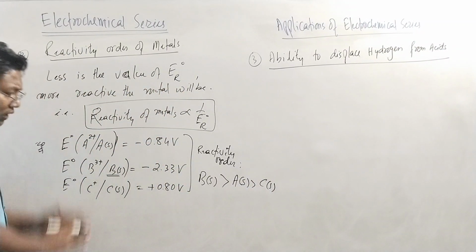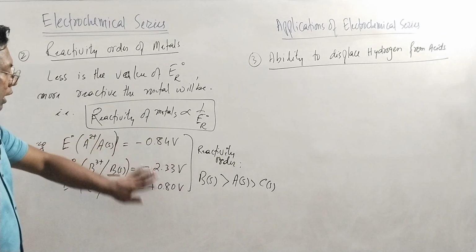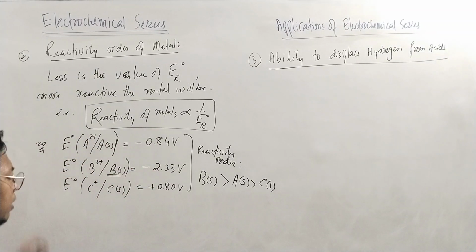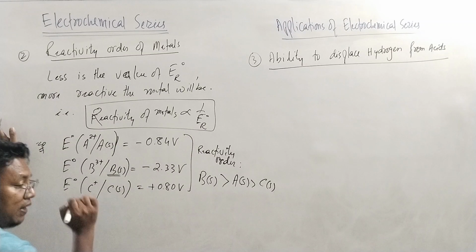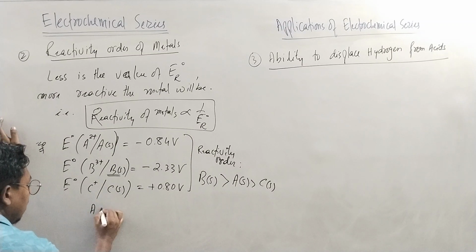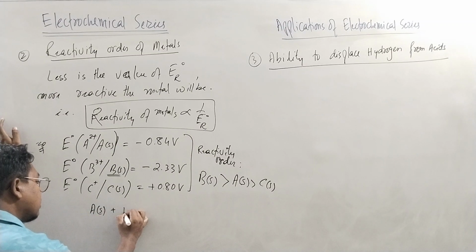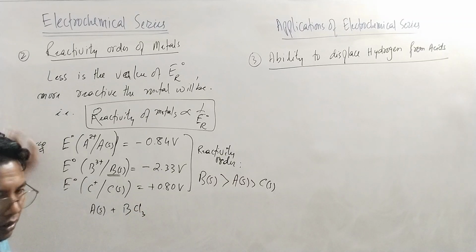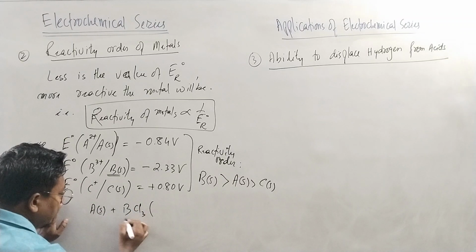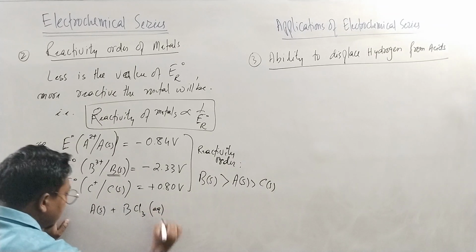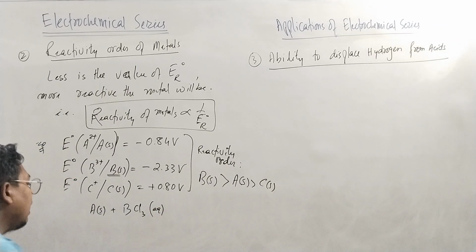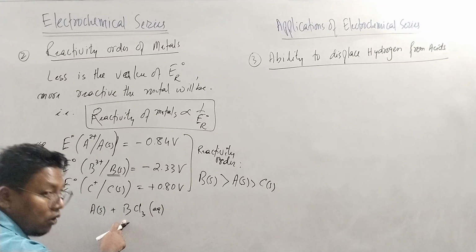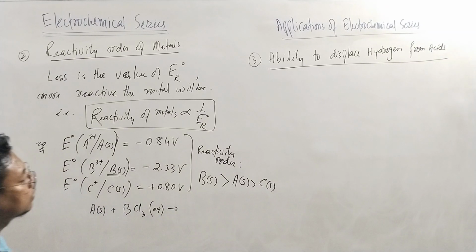So for this, I can write one reaction here. Now if I say A solid plus BCl3, chloride of B metal, aqueous. Now will A be able to displace B or not? This is the question.